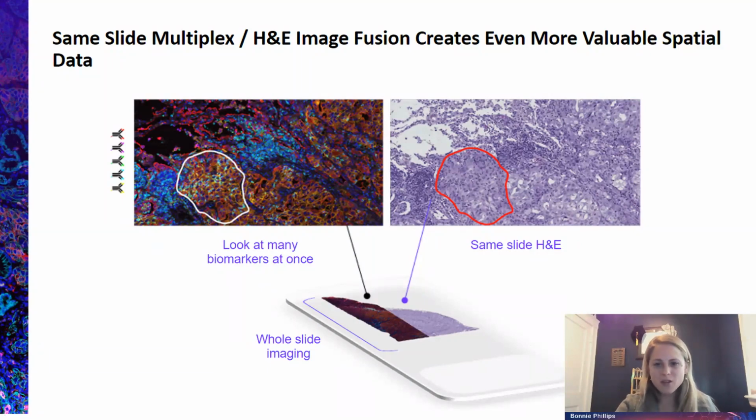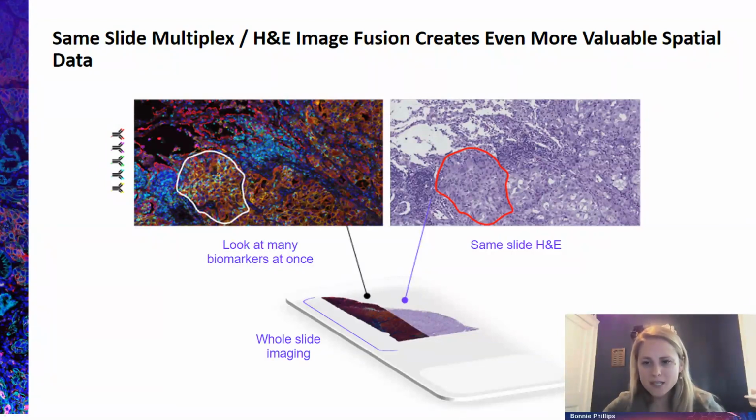These high-plex stains show you the detailed phenotypic profiles as well as the localization of these cells within their microenvironment on the same slide and image as the classic pathologist annotations. So this allows for you to have the cell morphology as well as the tissue architecture provided by the H&E. And so this can provide you with even more cellular and spatial information.